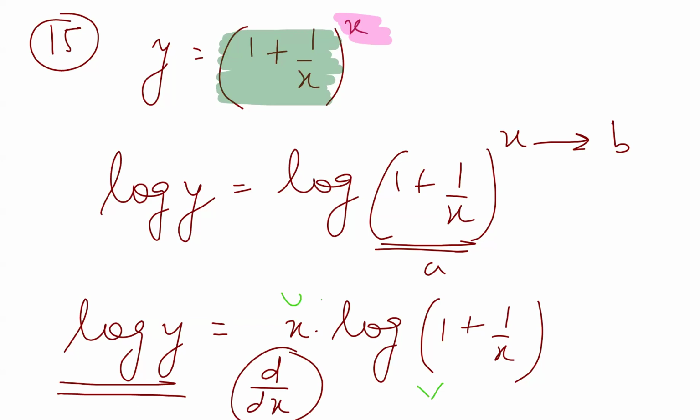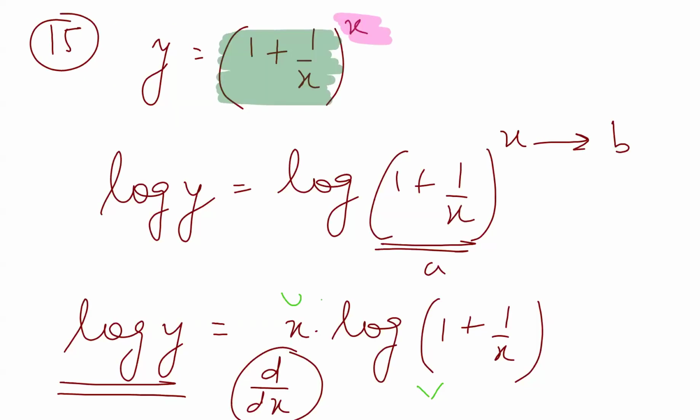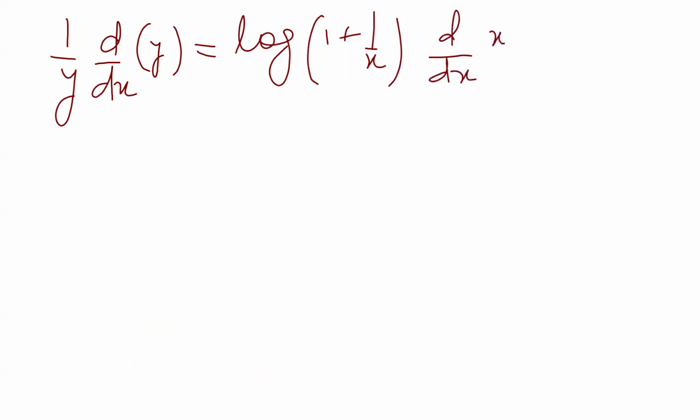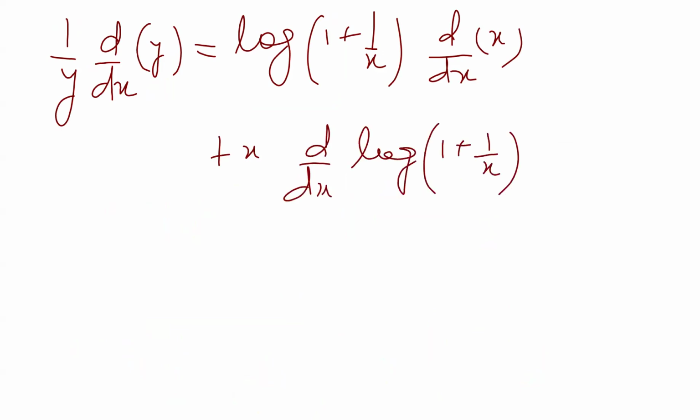So left hand side will be 1 upon y dy by dx of y, equal to right hand side product rule: log of 1 plus 1 upon x into derivative of x, plus x into derivative of log of 1 plus 1 upon x.